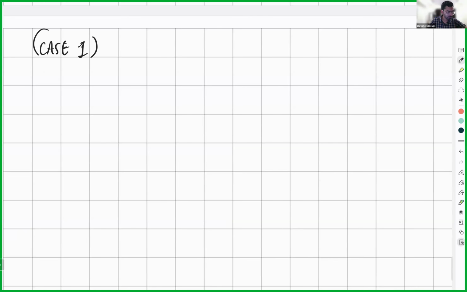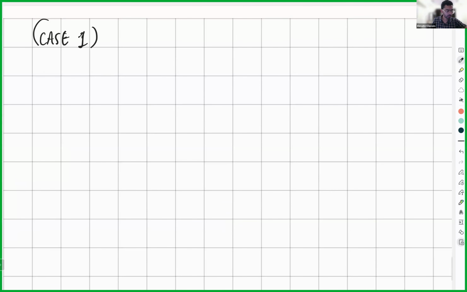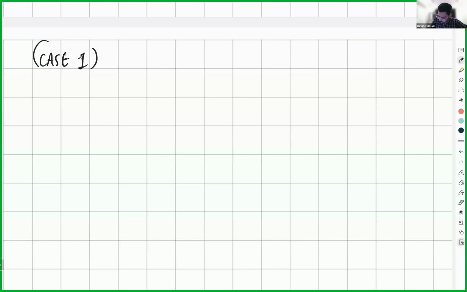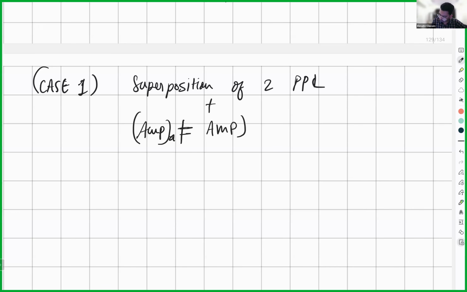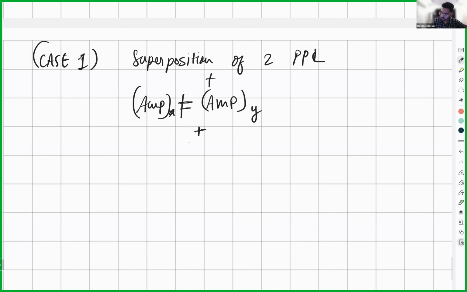Case 1. I have superposition of two plane polarized light, plus amplitudes are unequal, plus phase difference is pi by 2.